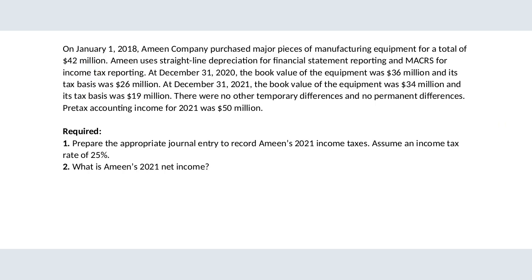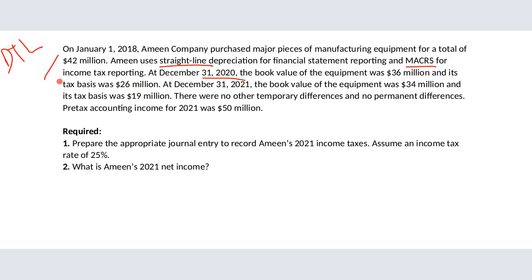Okay, so we have a DTL. If we're talking depreciation, we're talking DTL. We have an accelerated method for tax purposes, and straight line for book. All right, we're told that on April 30th, 2020, book value was 36 and the tax basis was 26.